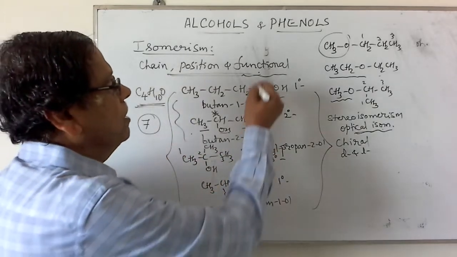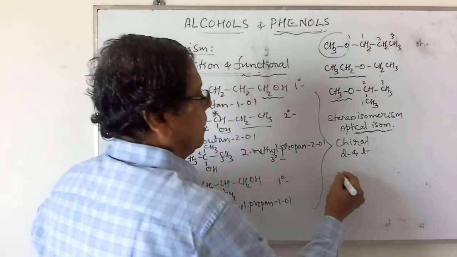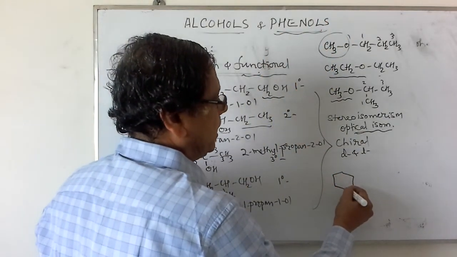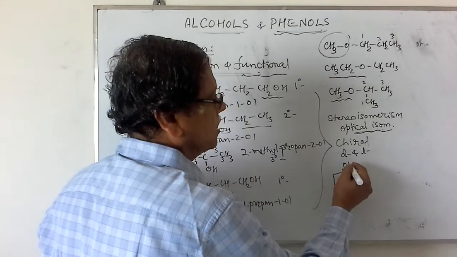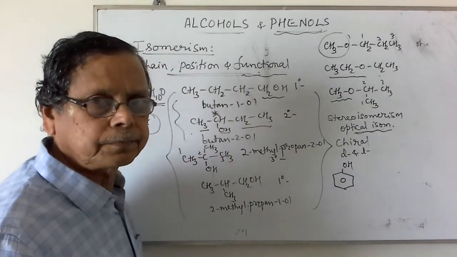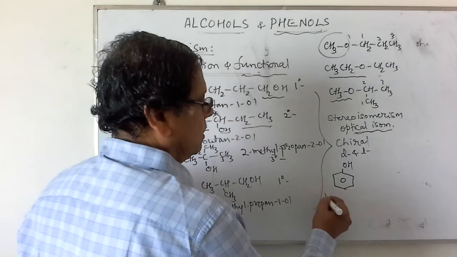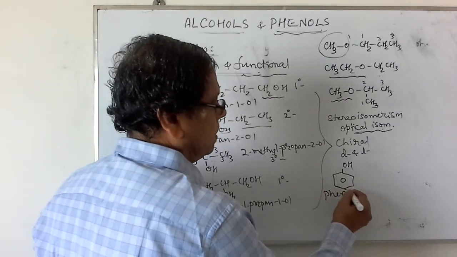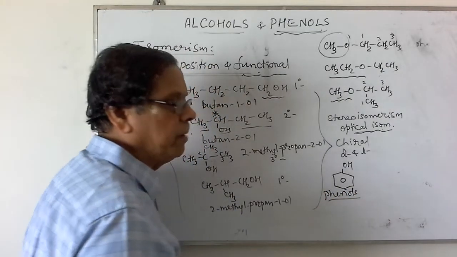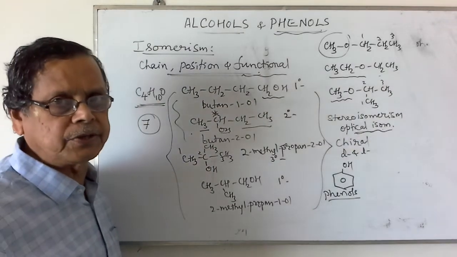In the case of phenols, we consider the benzene ring or aromatic ring system directly containing the OH group. So these are the compounds in which the OH group is the functional group but directly linked to the aromatic system.